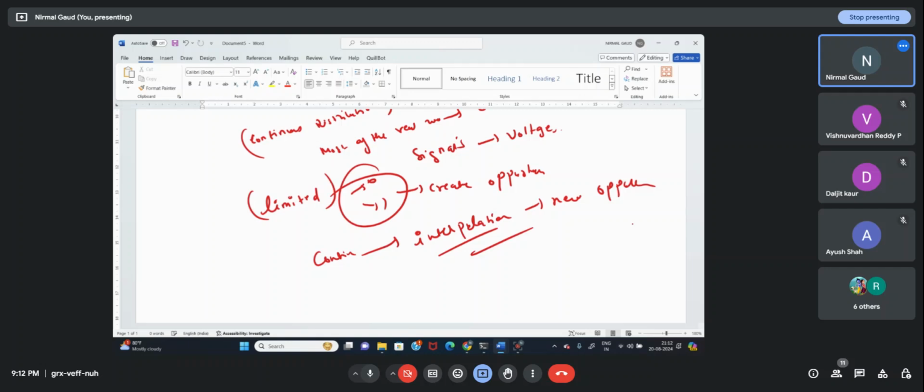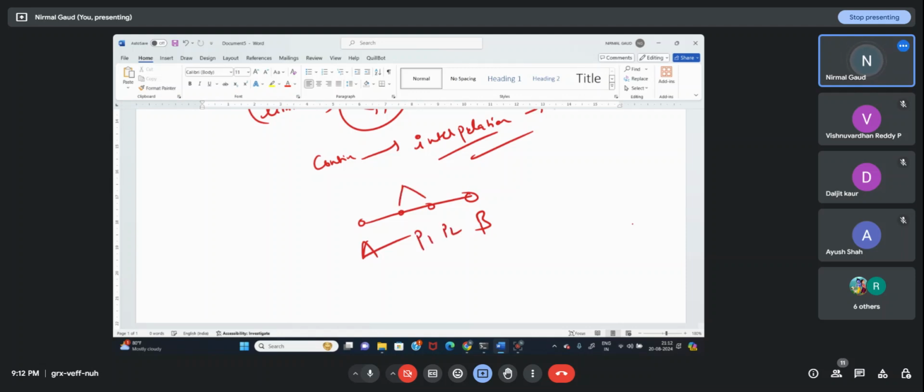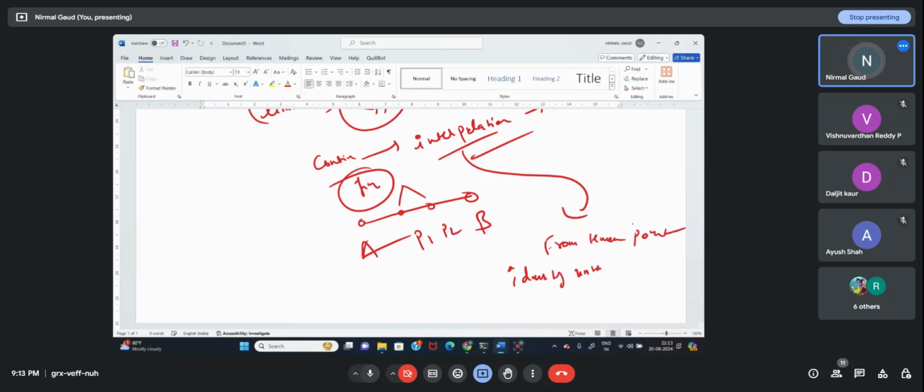Interpolation, we can have different types of interpolation: binary, bilinear interpolation. Okay, linear interpolation. That means identification of intermediate values. For example, A and B are the points. P1, P2 are the intermediate points. You can find them. So interpolation means from known points you can identify unknown points.